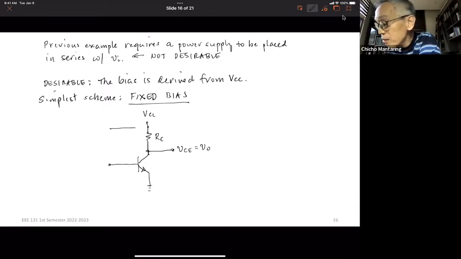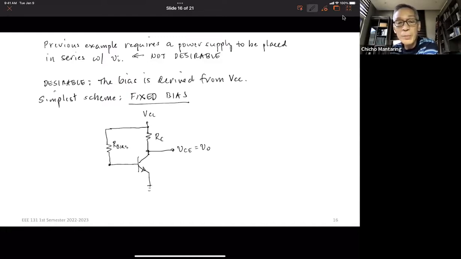Magkakabit lang ako ng resistor between VCC and my base. I will call this R bias. I just connect a resistor between VCC and my base.